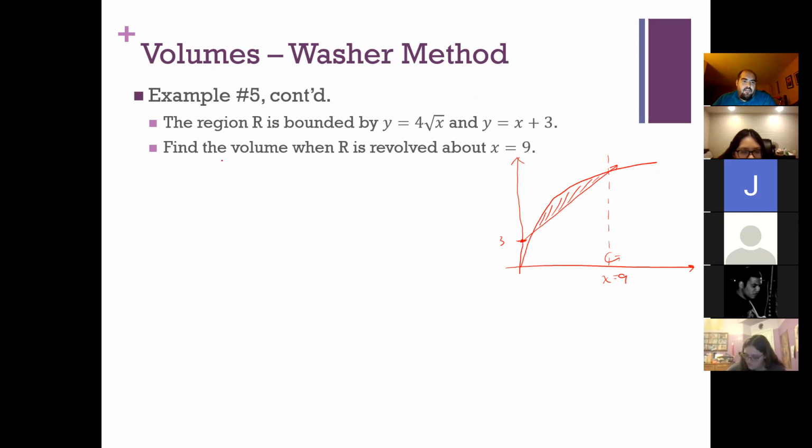So we want to find capital R and lowercase r. What's our independent variable going to be? Y. Going to be y. And once again, what tells you that? It's parallel with y-axis. Parallel to the y-axis.